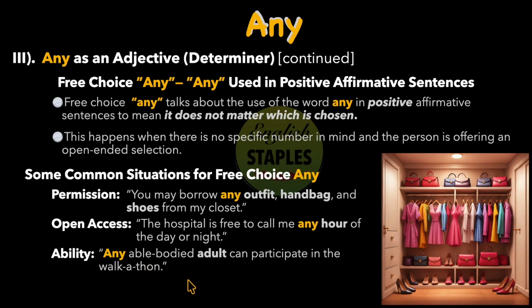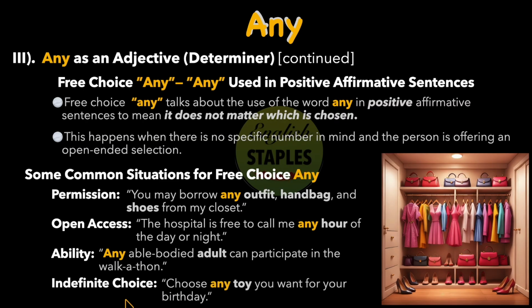Any able bodied adult. Indefinite choice. Choose any toy you want for your birthday. Take a child to a toy store and say, hey, choose any toy you want for your birthday. We don't know which toy the child will choose, but anyone is okay. It's non specific.